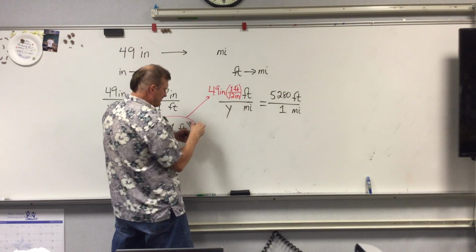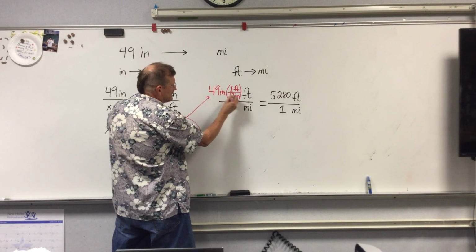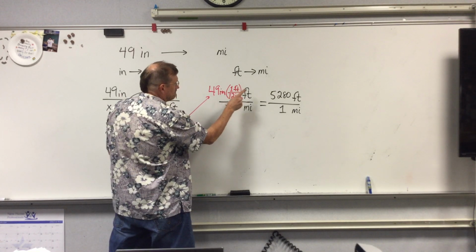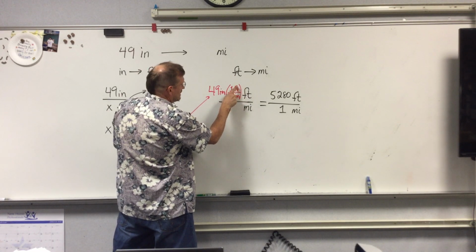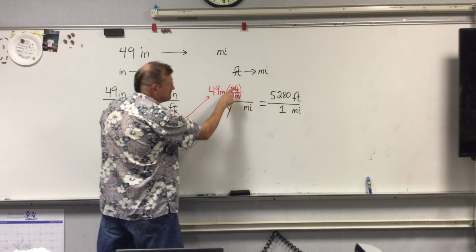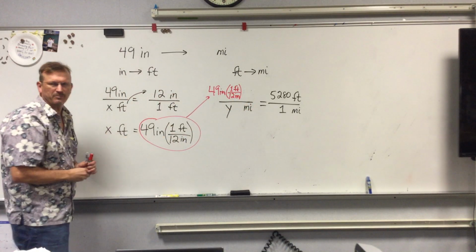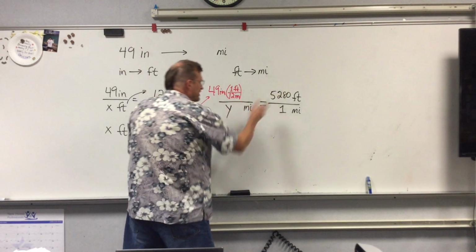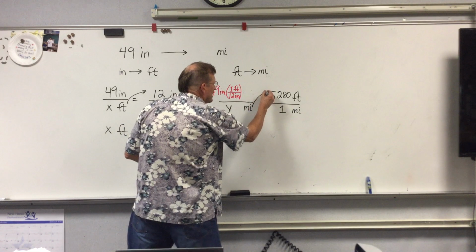So since this guy canceled here and this guy canceled here, this guy here I no longer need because it came with the answer from here. Okay? So what I'm going to do is the same thing that we did before. I'm going to move this up here.